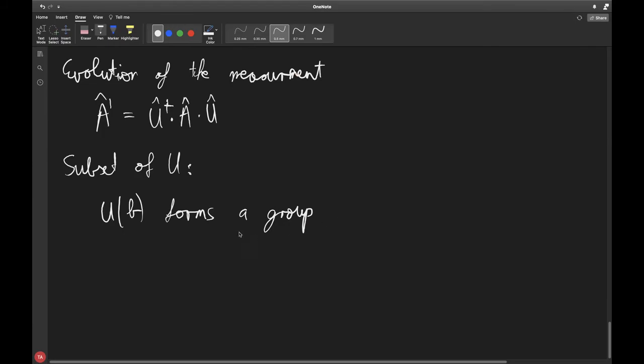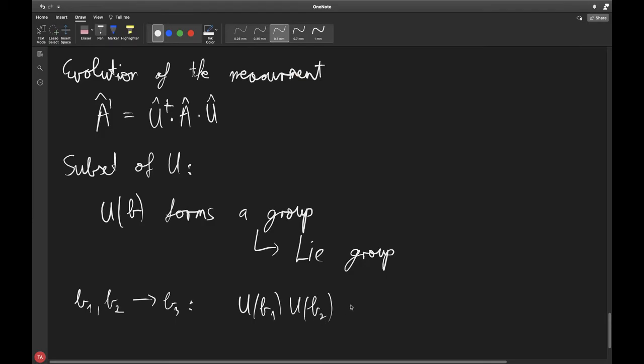And this group is actually called a Lie group, and it's a continuous group. One of the main properties of this group is that for all parameters, let's say b1 and b2, there exists a b3 in a way that we do the operation for b1, and then we do the operation for b2, and we get the operation for b3.